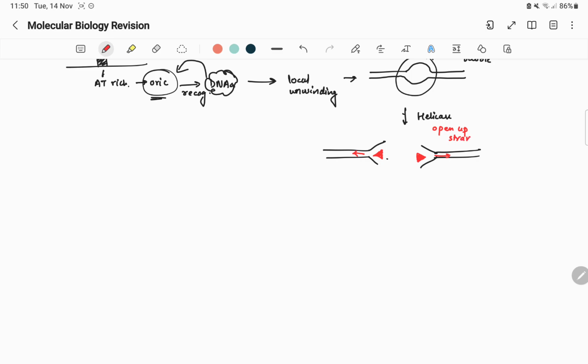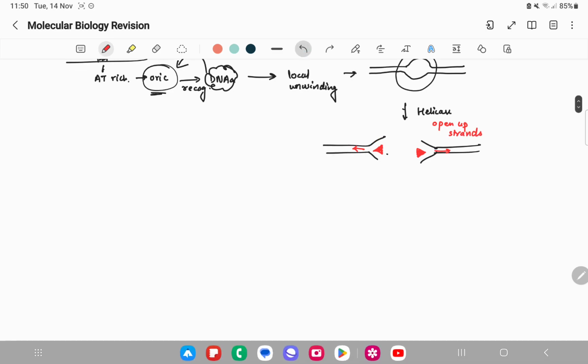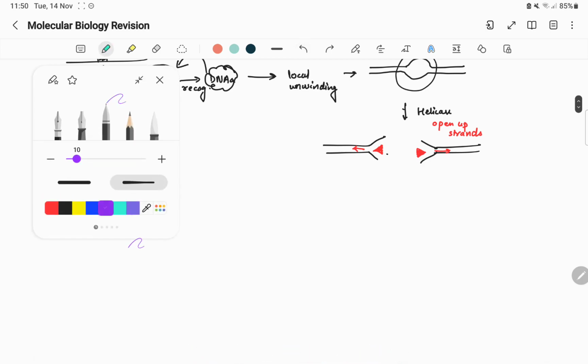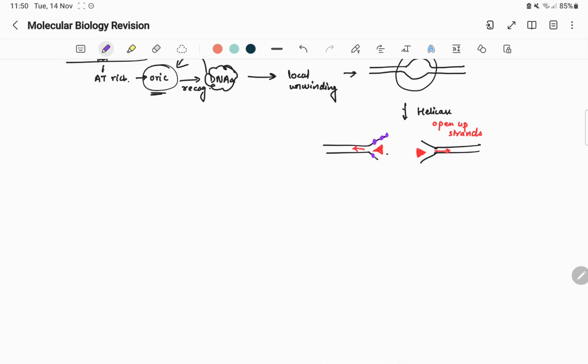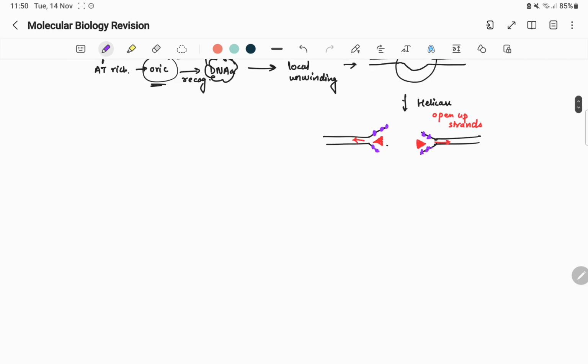The opened-up strands have supercoils, which are removed by topoisomerase 1 and 2.